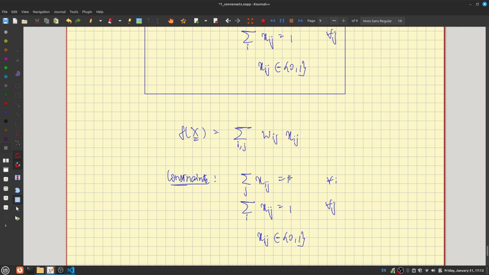The first constraint is exactly the same. The second set of constraints is exactly the same, but I'm going to relax the third constraint. I'm going to say that the only restriction I want is xij should be greater than or equal to 0 for all i, j. Okay, so this is a continuous variable optimization problem.